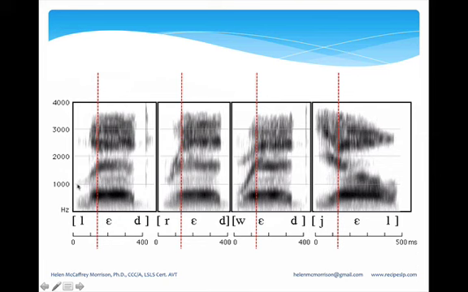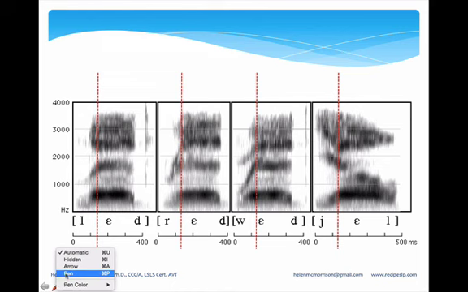So we have lead, red, wed, gel. And we have here, if we look at the la and the ra, I'm going to get the pen out so we can just look at some things.